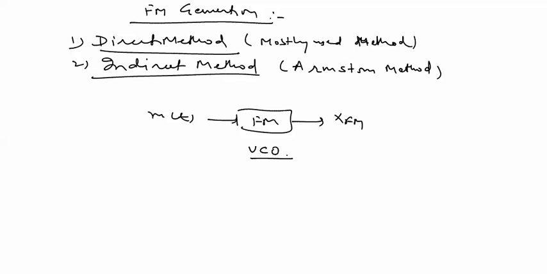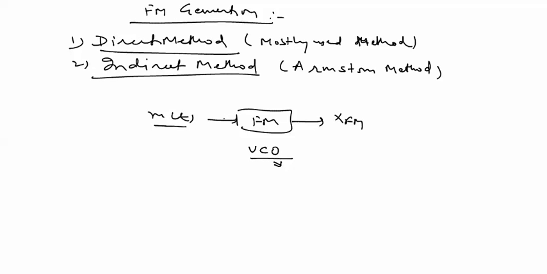If there is no amplitude variation, it means the carrier component. This conversion is done via the voltage controlled oscillator, VCO. So the direct method consists of a VCO, a voltage to frequency converter.